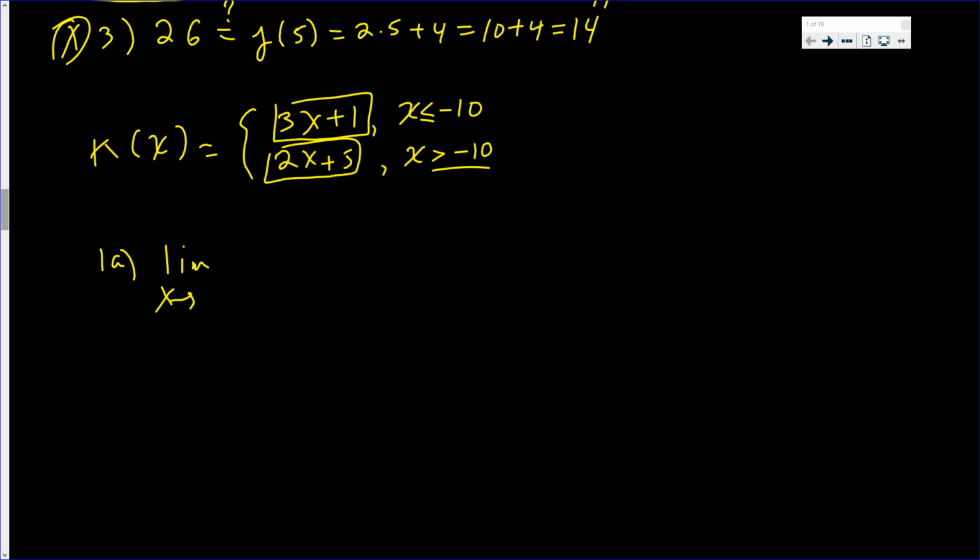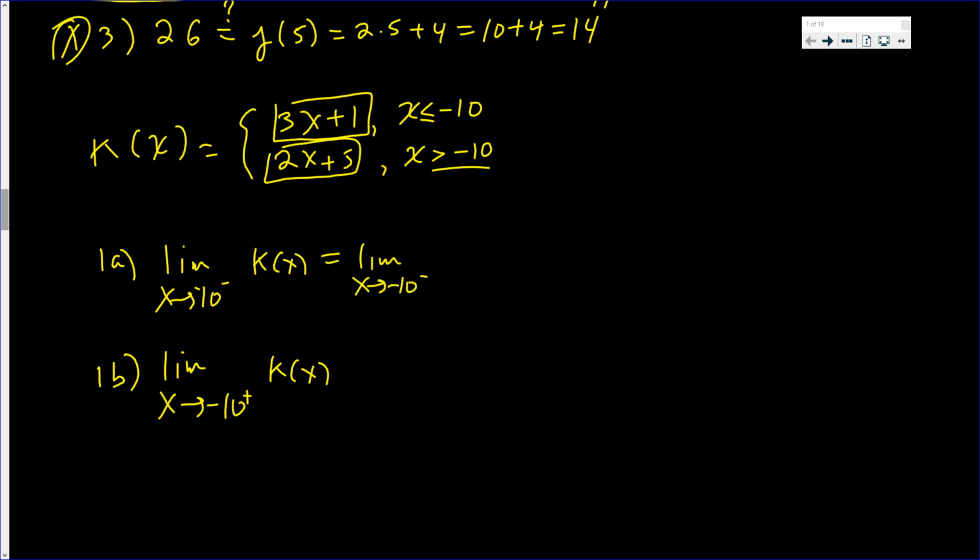We need to verify that the limit as x goes to negative 10 from the left of k of x exists, that the limit as x goes to negative 10 from above of k of x exists. And if we find out what it is, then we know if it exists or not.